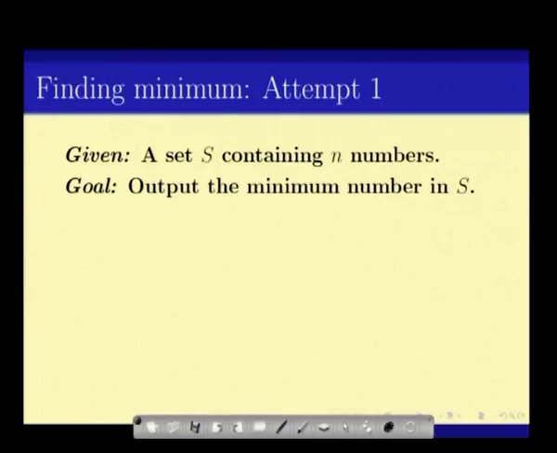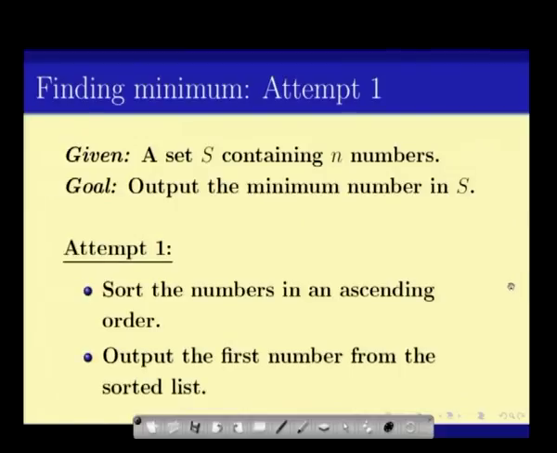So, what can be an approach to solving this problem? We have been given n numbers and we want to find the minimum. So, here is the first attempt that we can think of. First attempt is simple. We sort the numbers in an ascending order.